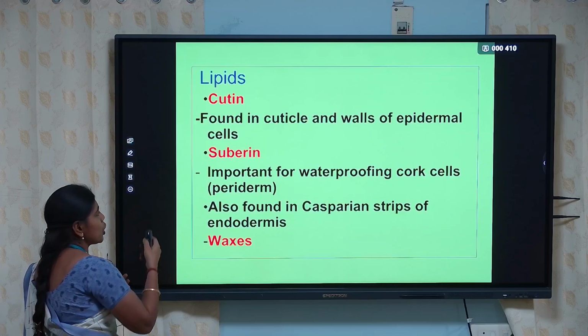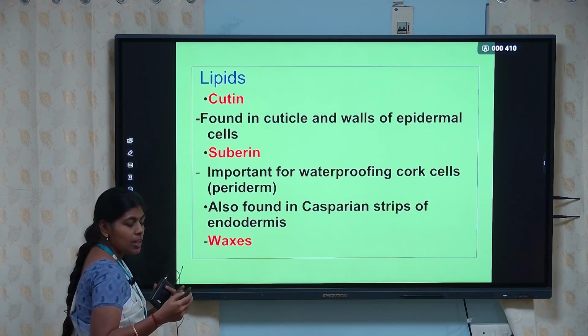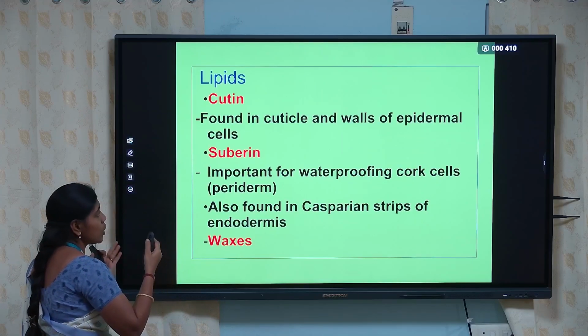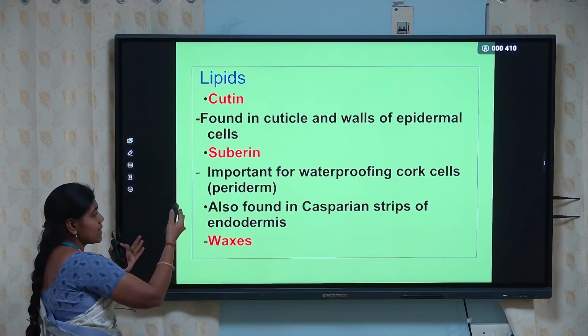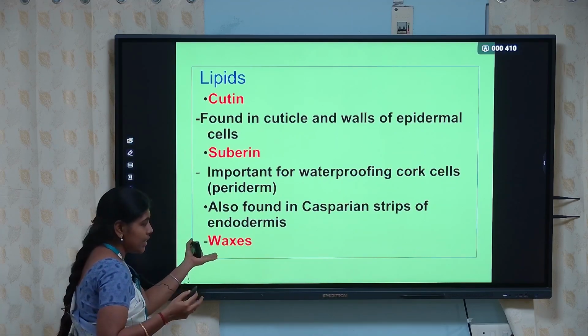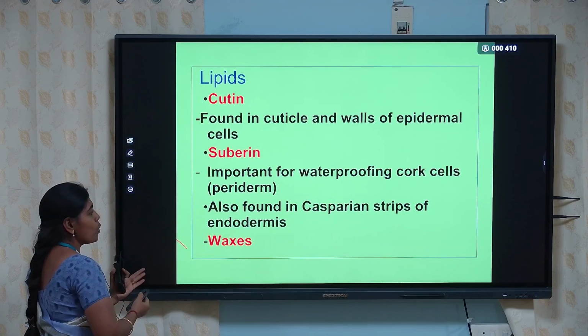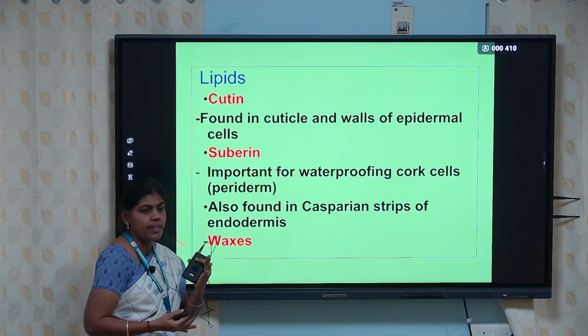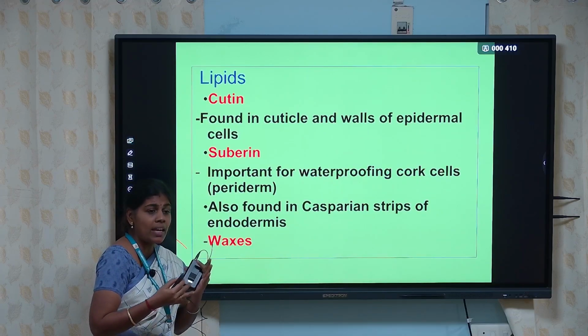And then lipids: cutin, suberin and waxes. These are the types of lipids present in the cell wall and found in the cuticle. Cutin, we know, and suberin is waterproofing cork cells, present in the periderm and also found in Casparian strips. Do you know the anatomy of the dicot stem and root?